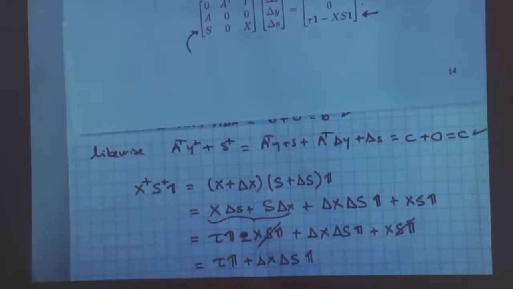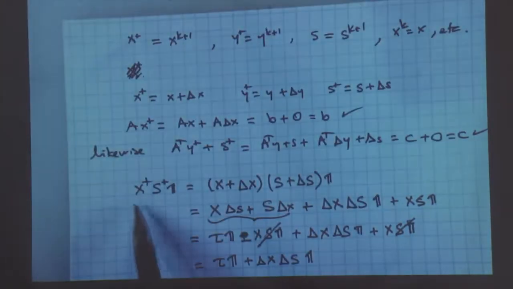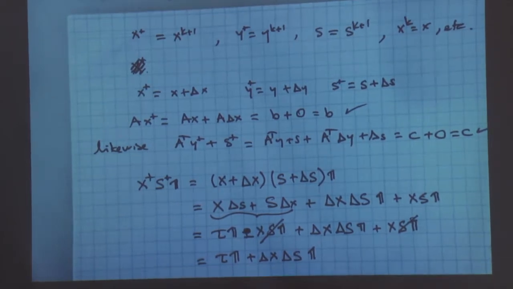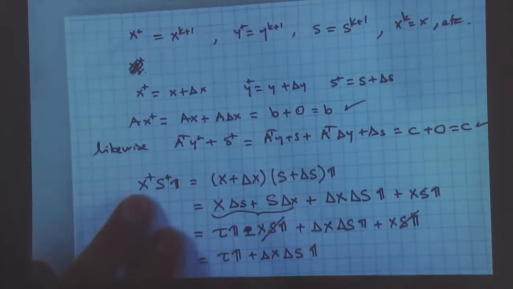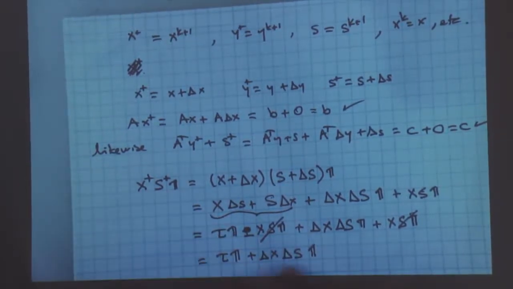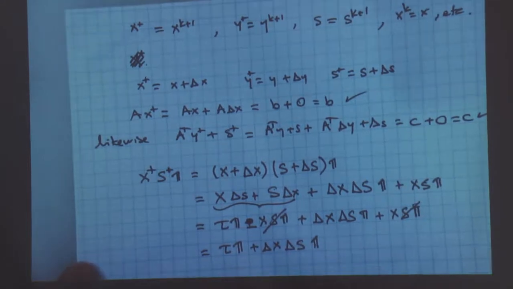So the new iterate satisfies this. If I wanted to show that this is near the central path, I will have to subtract some multiple of 1 and show that that's small. That basically has to do with showing that all of these products are small. But there is one small thing that I can show here.